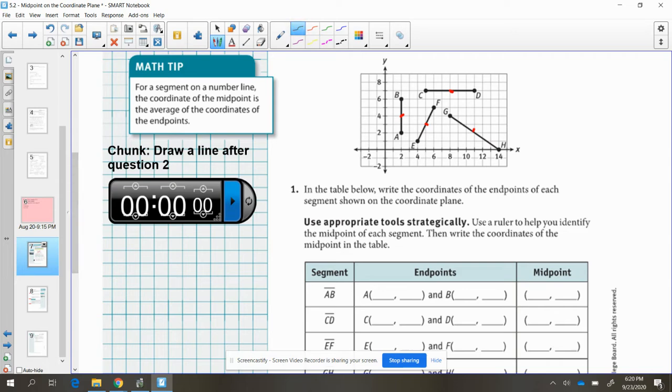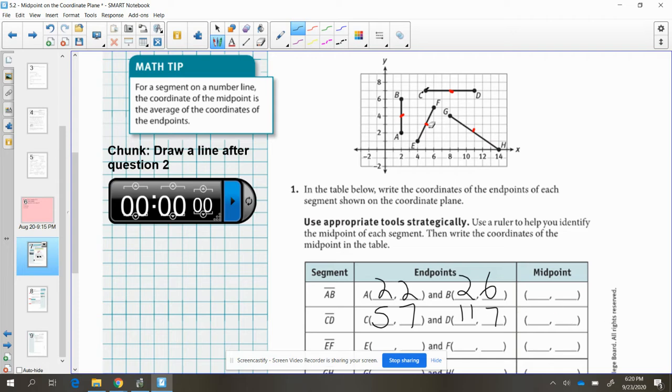So if we look at segment AB, point A here is at 2 comma 2, and point B is at 2 comma 6. For segment CD, C is up here at 5 comma 7, and D is at 11 comma 7.